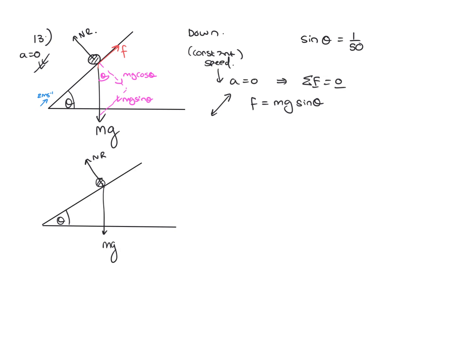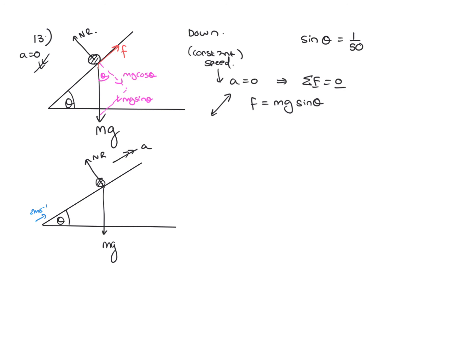So in the second part of the question, the sledge is pushed up the slope with a speed of 2 meters per second. So that means we are pushed up the slope, starting here with a speed of 2 meters per second. So we have to work out how far it travels up the slope before coming to rest. So let's say the acceleration is in that direction there.